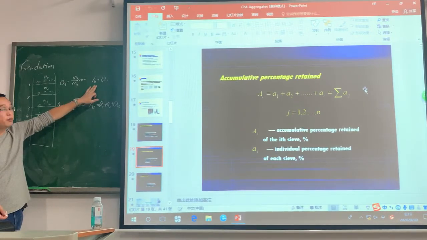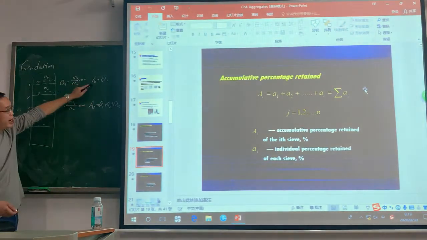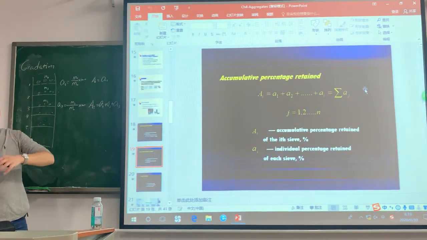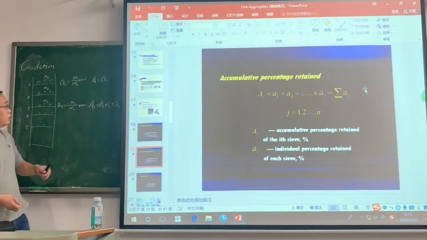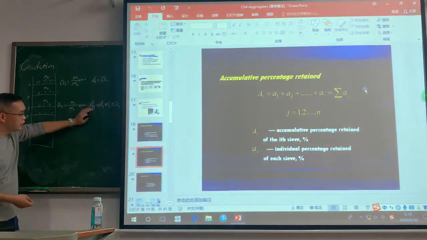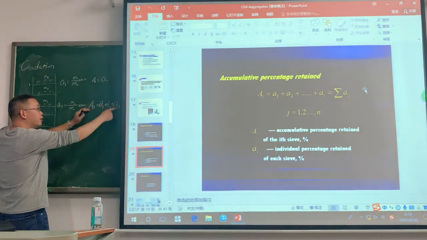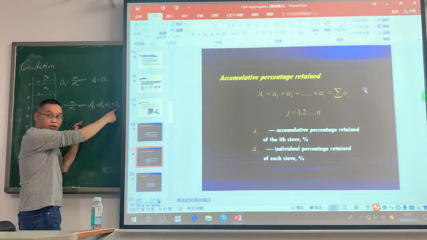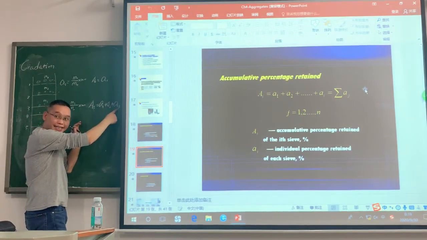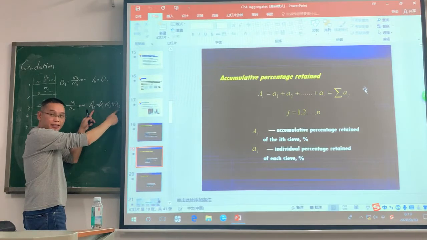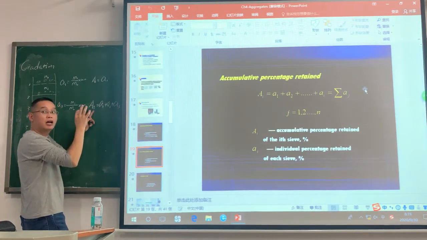The accumulative means 1 plus 1 plus 1. So for the accumulative percentage retained at the third sieve, it is the individual percentage retained at the third and above.